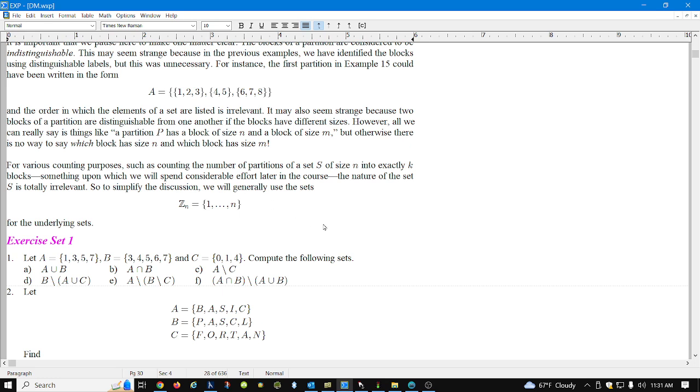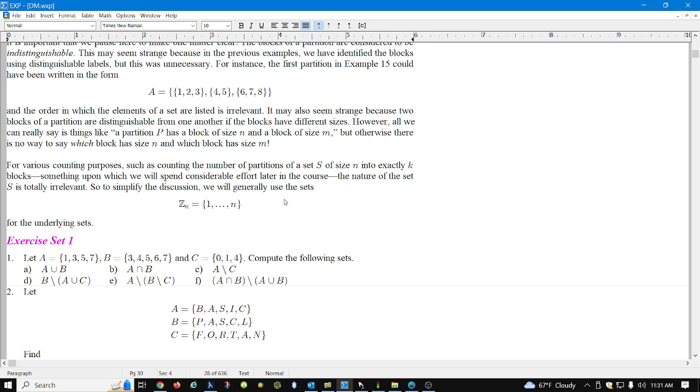Finally, for various purposes, such as counting the number of partitions of a set, which is something we're going to be interested in doing, the nature of the set S really is irrelevant. Whether the set contains letters, numbers, symbols, it doesn't really matter.